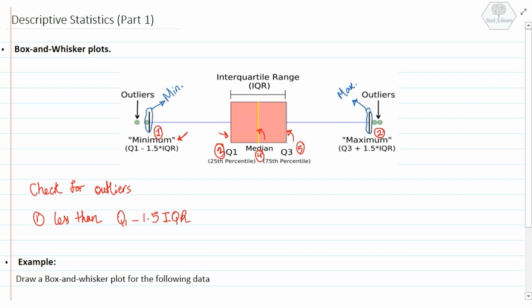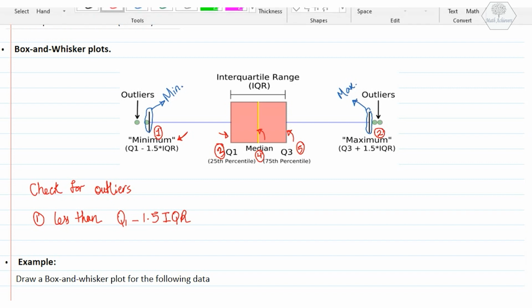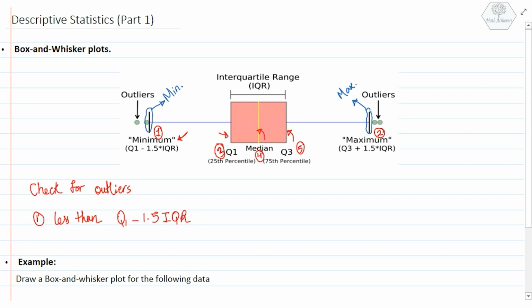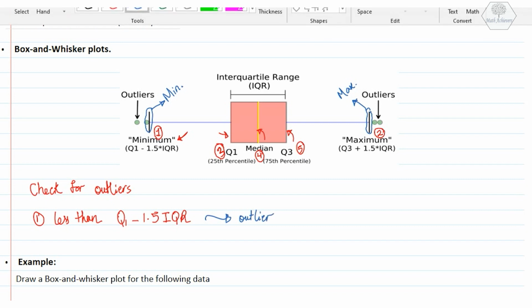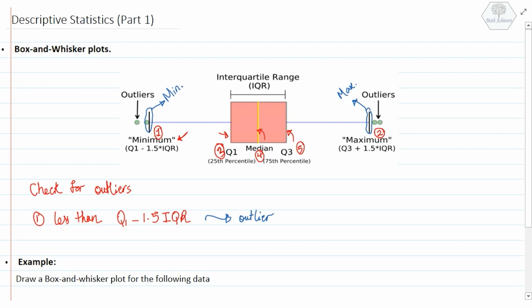So if there is any value which is less than Q1 minus 1.5 IQR, we can consider this value to be an outlier. In this case, these are the outliers we are referring to.